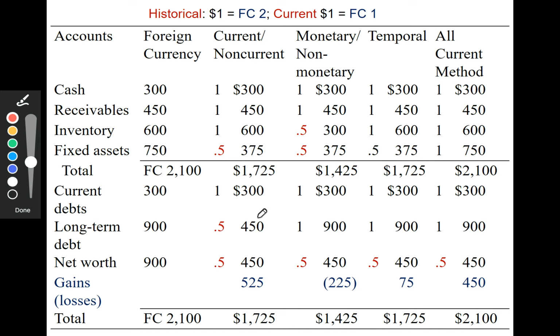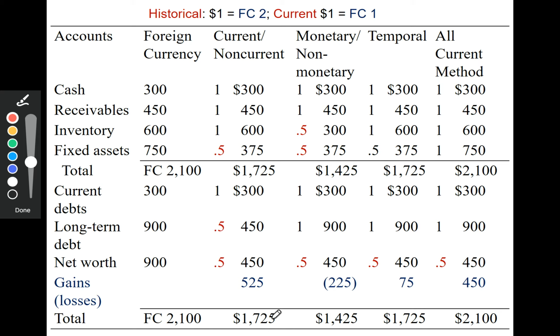You multiply half by 900 foreign currency and you get $450. Then you start adding up these three numbers. 300 plus 450 plus 450 gives us $1,200. But oops, this side should add up to 1,725. We're only at 1,200.